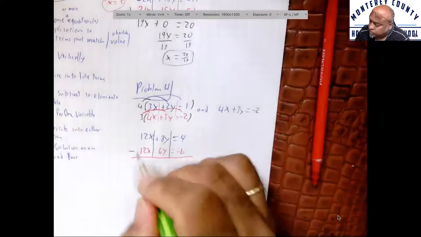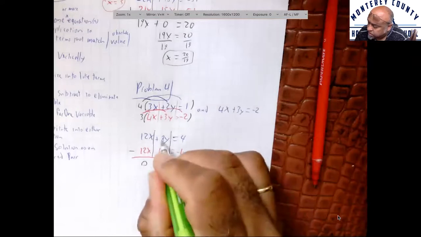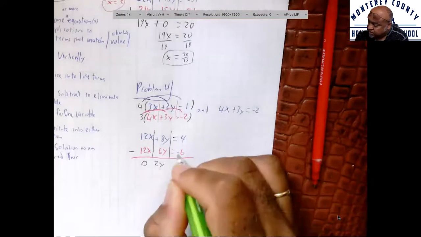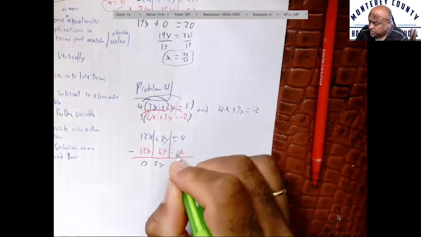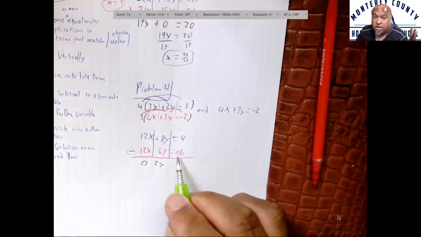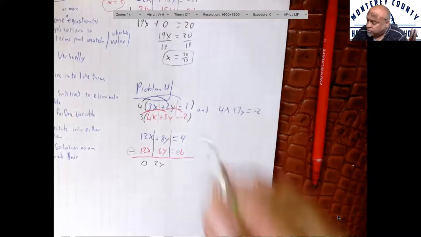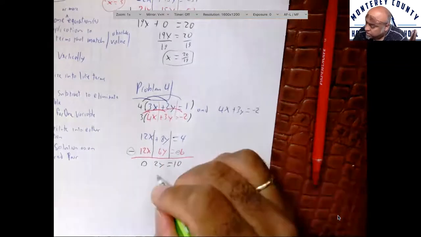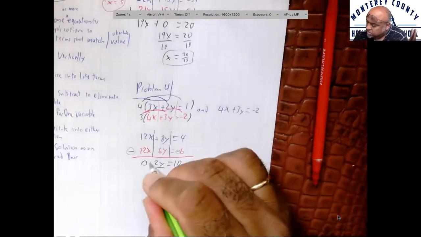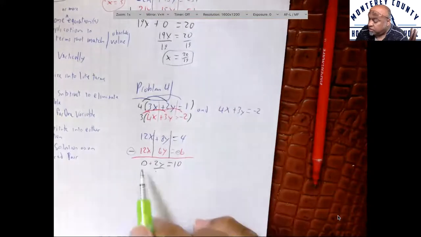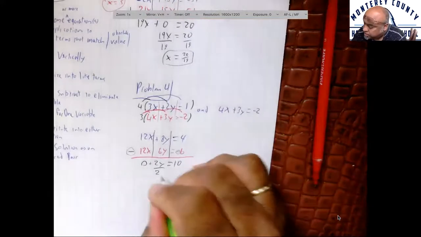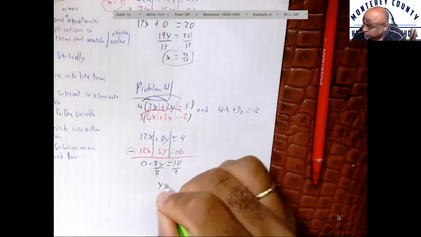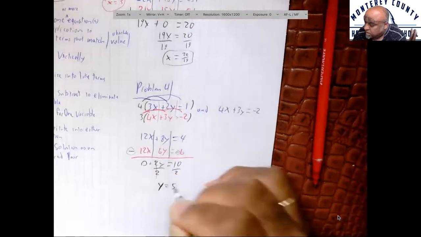So 12x minus 12x is 0. 8y minus 9y is negative y. 4 minus negative 6, oh, remember, I'm subtracting a negative, so that means I have to actually add, would be 10. So I have 2y equals 10. The 0 doesn't count for anything, so I can just pretend it's not there. Then y equals 5. Okay?